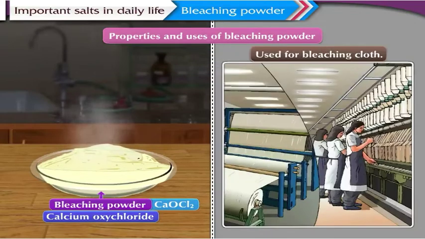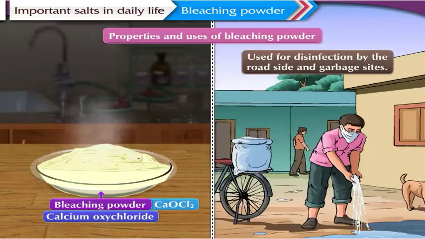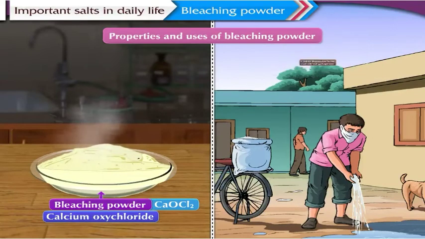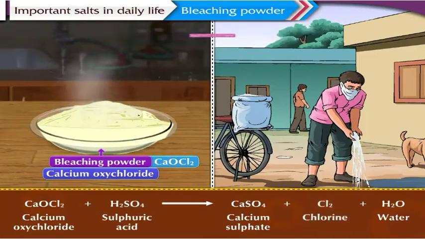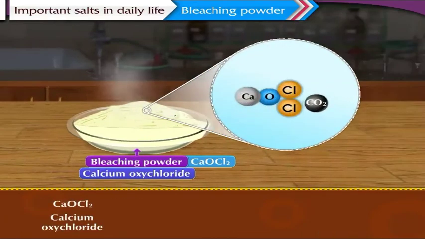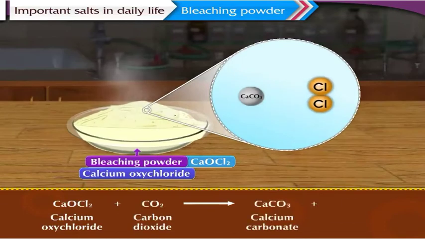It is used for bleaching cloth. It is used for disinfection by the roadside and garbage sites. Reaction of dilute sulfuric acid and dilute hydrochloric acid with bleaching powder releases chlorine gas completely. Calcium oxychloride reacts slowly with carbon dioxide to form calcium carbonate and chlorine.